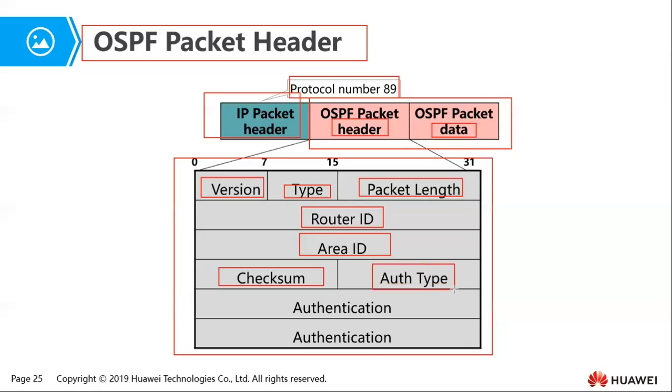Then the authentication type. If you can remember, when we were learning HCIA, we said that OSPF version 2 supports 3 forms of authentication. The first one we call no authentication, or none authentication. Let me use the value 0 here.